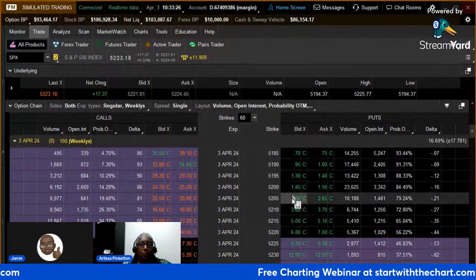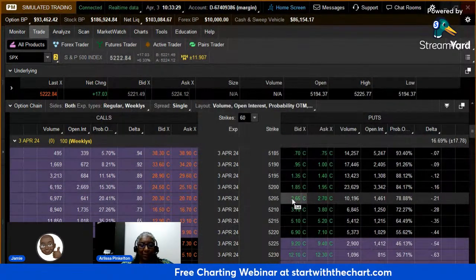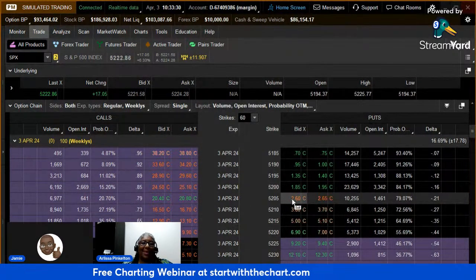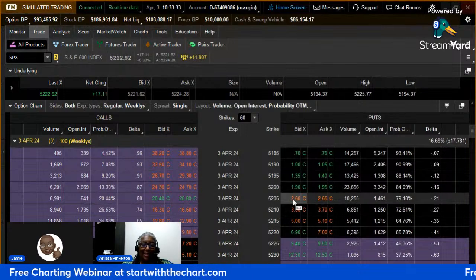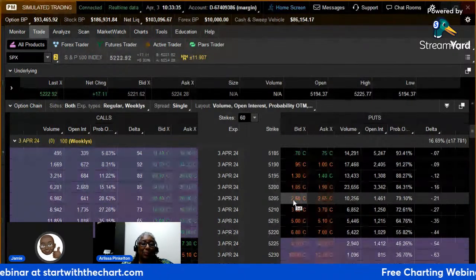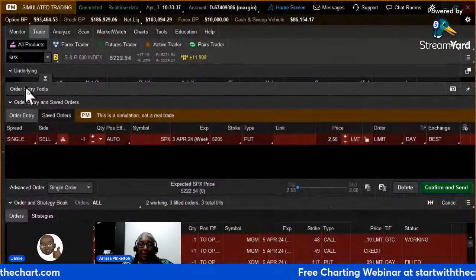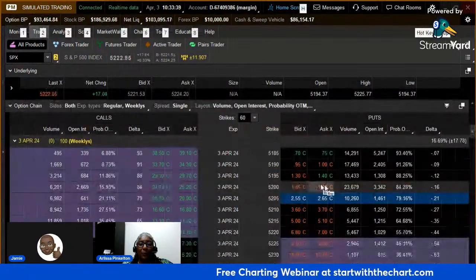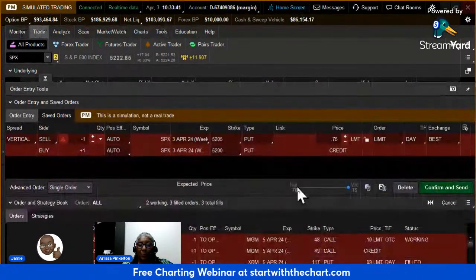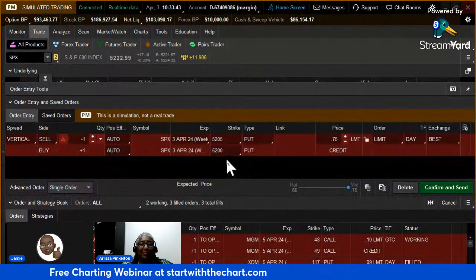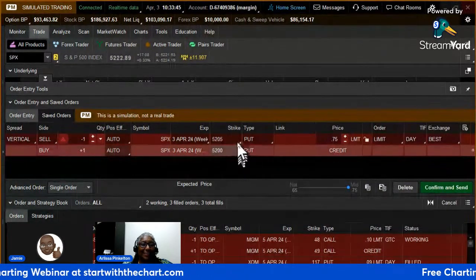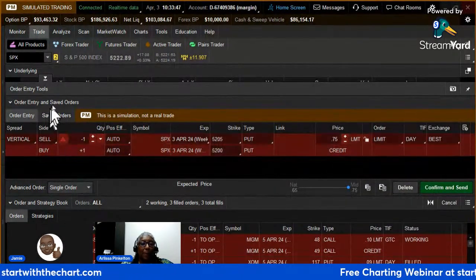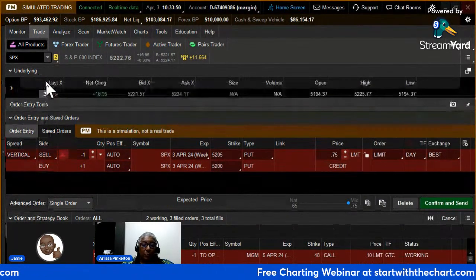Based on our discussion, we already know who would take what number, right? 20 delta. 20 delta. So Alyssa is going to go with this one, 5205, 5200, 75 cents there.